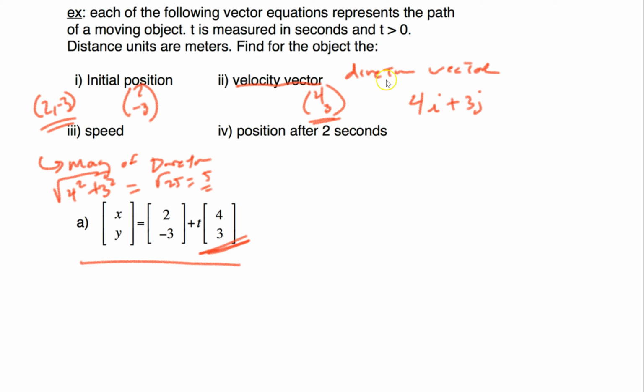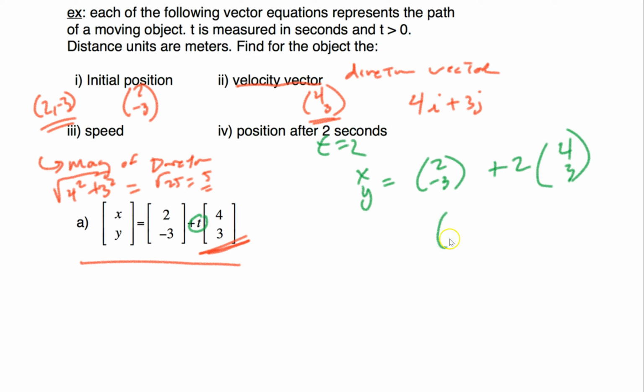The position after 2 seconds. So what's going on there is they tell you, hey, time is 2 seconds. Where's it at? Well, just plug it in for the t. You're going to get (x, y) equals (2, -3) plus 2 times (4, 3). That 2 goes in both of them. So (2, -3) plus (8, 6).